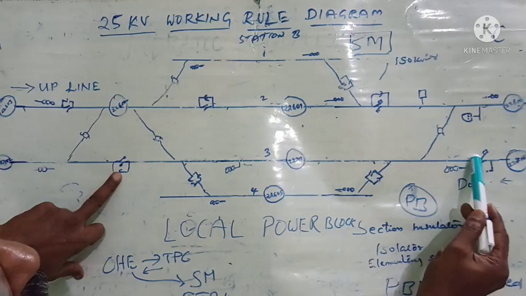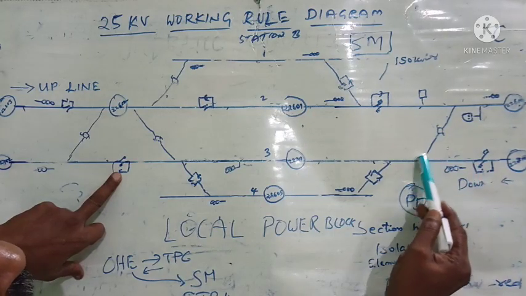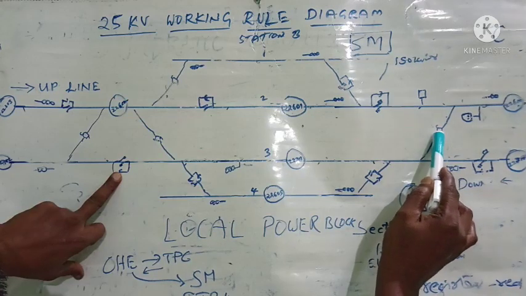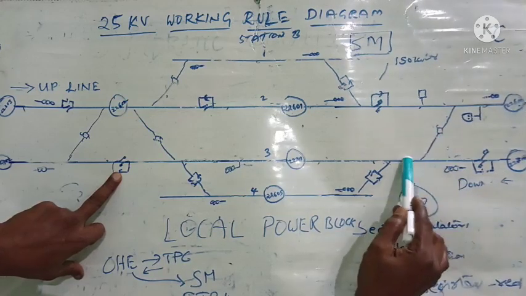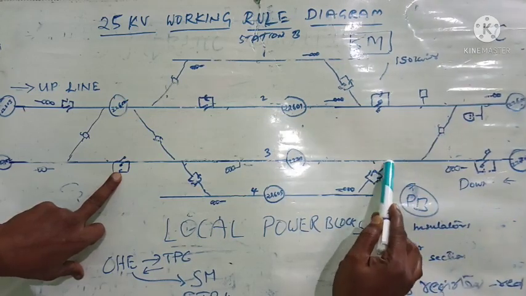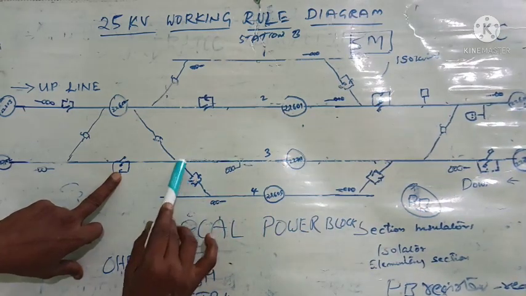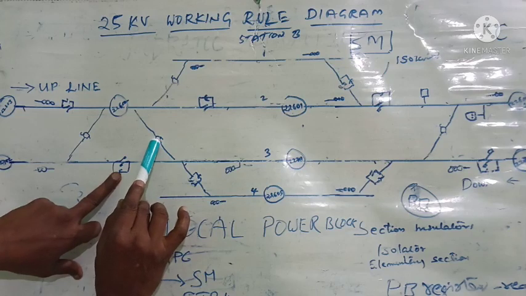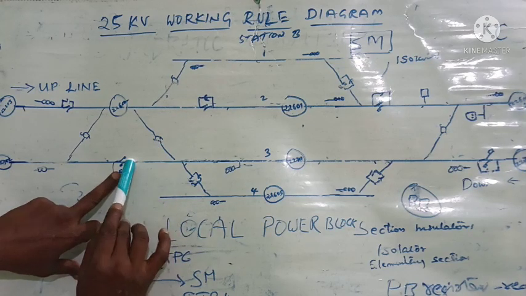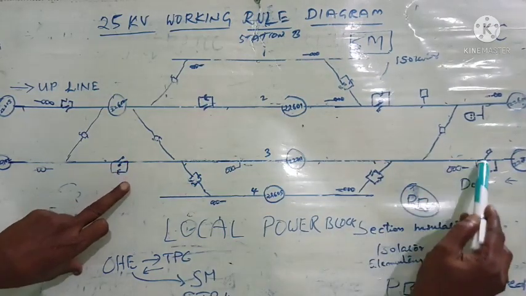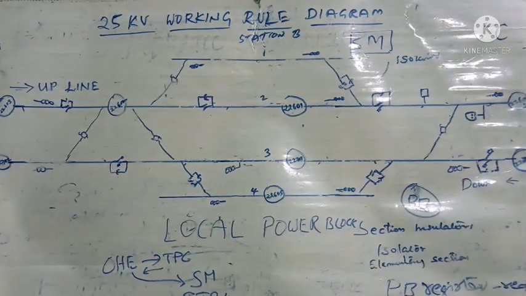So this green color will come here and up to here. This is a section insulator, so up to here green color will be there. Then up to here there will be green color. Then it will come here, up to here there will be green color, and up to this section insulator it will be green. Then up to here green color. So this much portion will be green color. That means that is the 22701 elementary section.